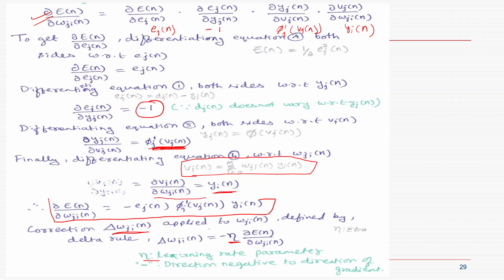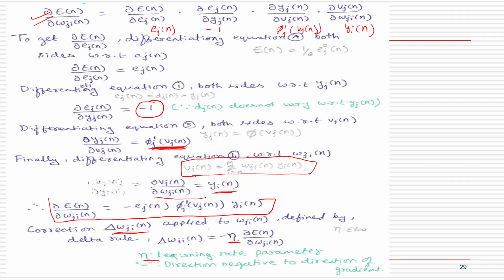Eta is the learning rate parameter, and why the negative symbol? Because we have to go in the direction opposite to the direction of the gradient. Therefore -1 is for the direction negative to the direction of the gradient.